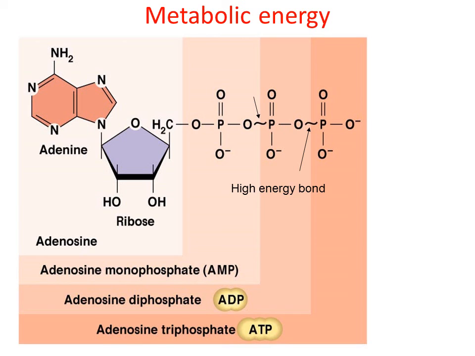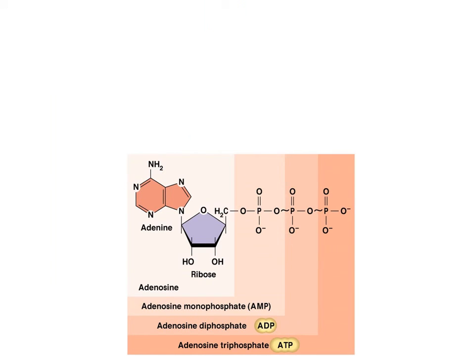If we reduce it by removing a phosphate group, it becomes ADP. Now it has 2 phosphate groups. We can further reduce it to AMP, which would only have 1 phosphate group. The energy is stored in these covalent bonds that we're going to call high energy bonds. So the more phosphate groups this molecule has, the more energy it will possess.